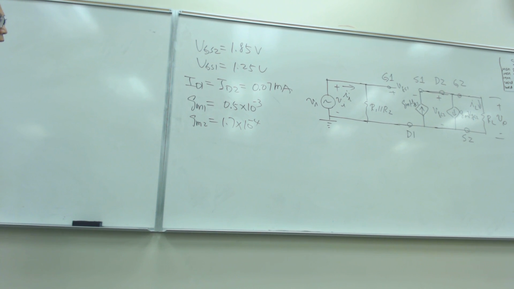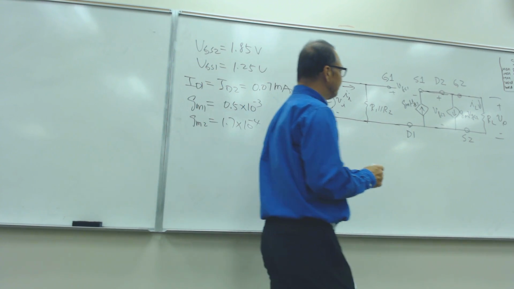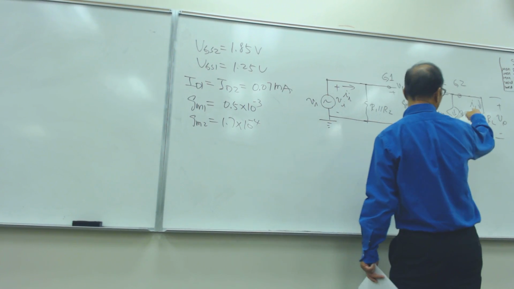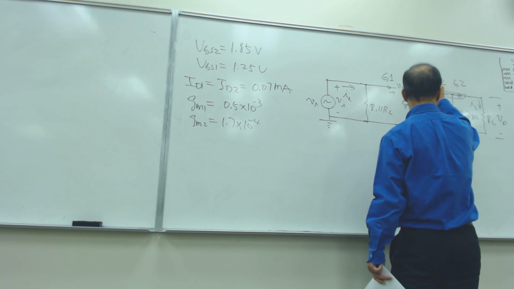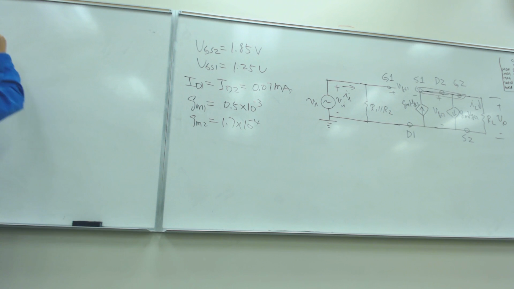All right. Now what do we do? We need to find Av, Ai, and the output resistance, right? Okay. Let's see. What is Io? What is the current going through the load? Io is equal to what?